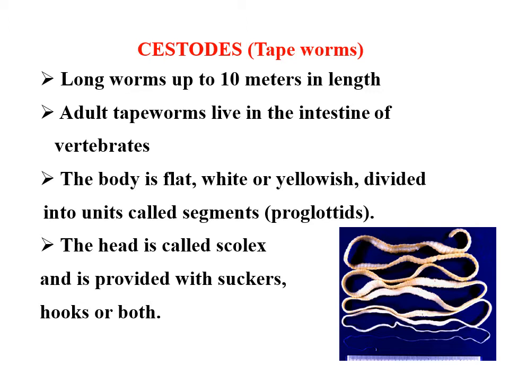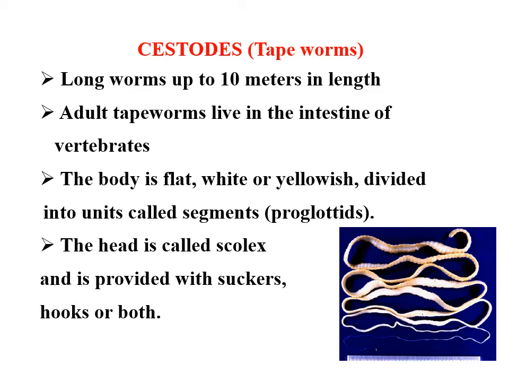All important tapeworms infecting man are characterized by a head, which is called the scolex, and the head is usually provided with suckers, and it may have hooks or both suckers and hooks.